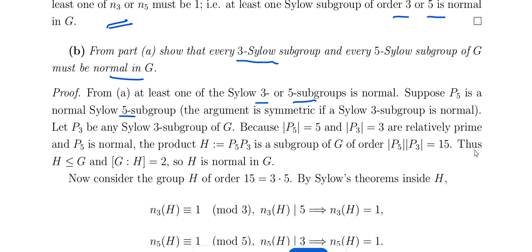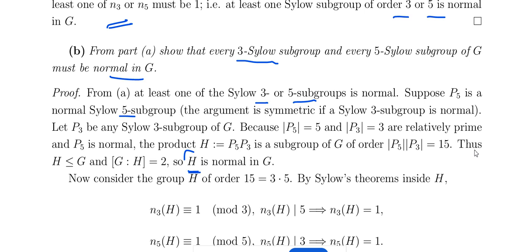So H is a subgroup of G now, and the index of H in G is 30 by 15, which is 2. If the index is 2, that subgroup is normal. We saw many results; if you remember, when the index is 2, the subgroup is normal.